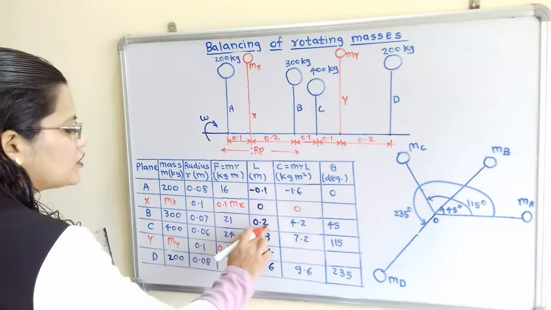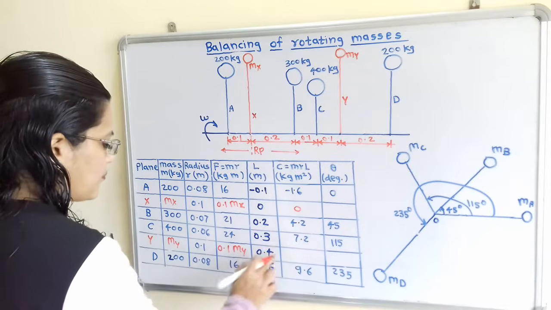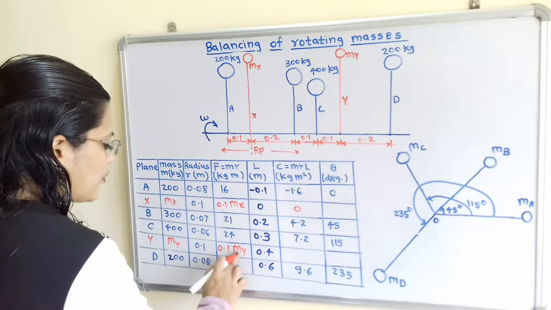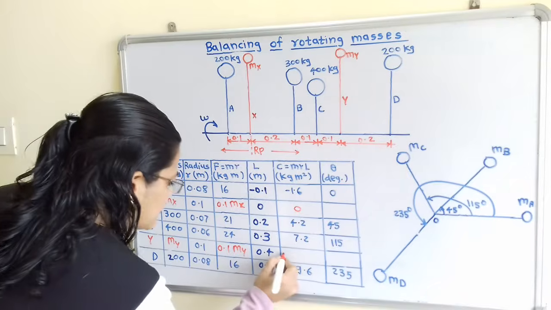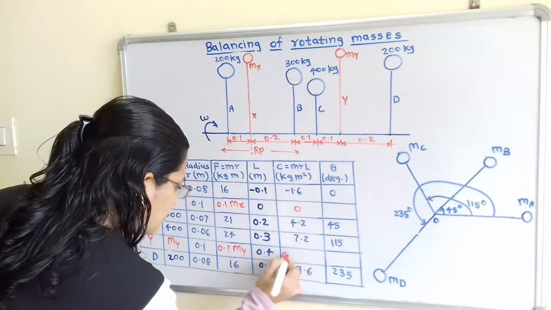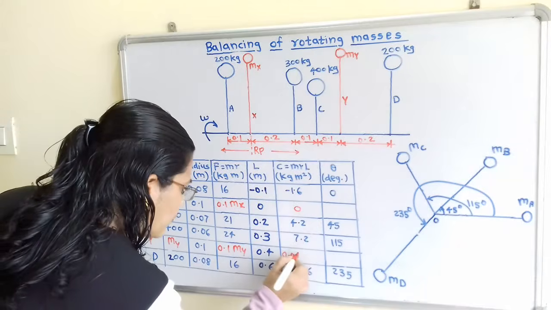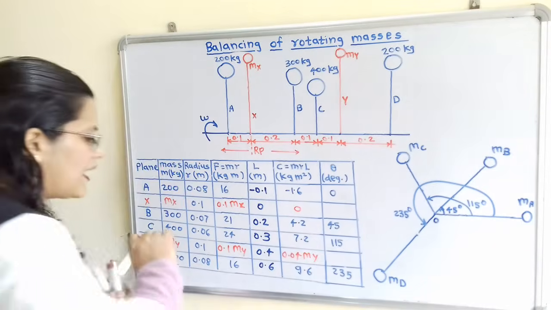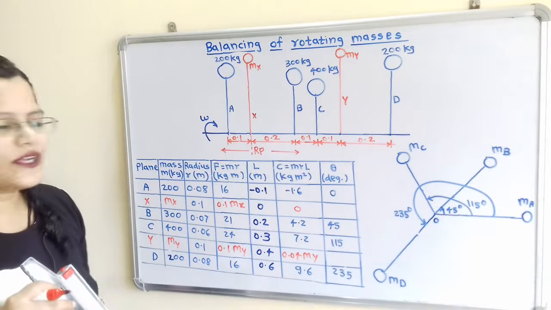Then 21 into 0.2, 4.2, 24 into 0.3, 7.2, and here 0.1 my into 0.4, that is 0.04 my. And the last one 16 into 0.6, that is 9.6.